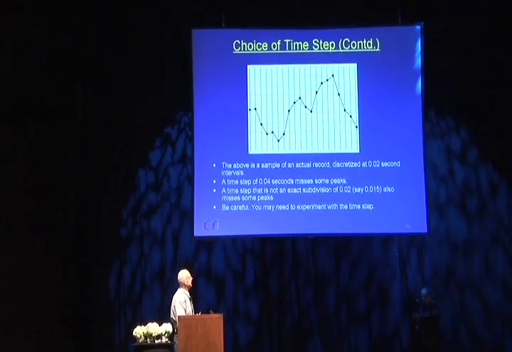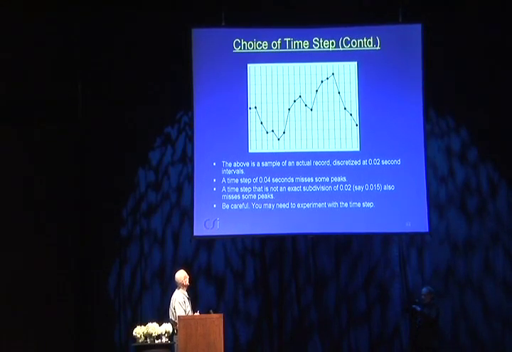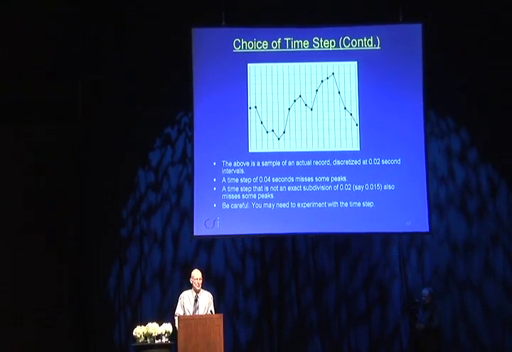So you wouldn't be representing the ground motion very well. And if you were to, say, use 0.015, I don't know, here and here, you might start missing some peaks as well. So be careful. You have to do two things. You have to use a small enough time step to capture the response of the structure reasonably accurately, and you have to use an appropriate time step to capture the ground motion.